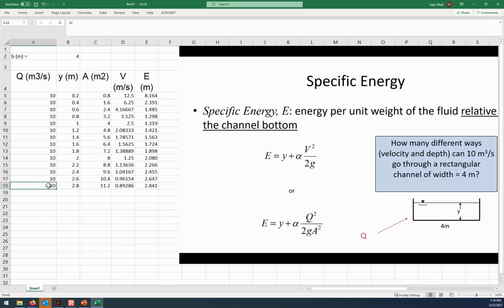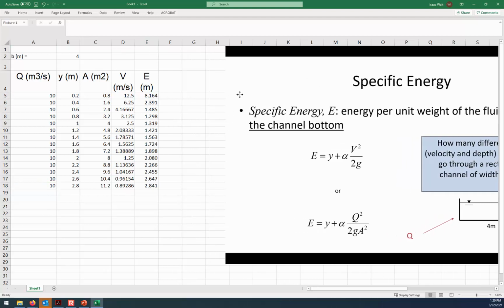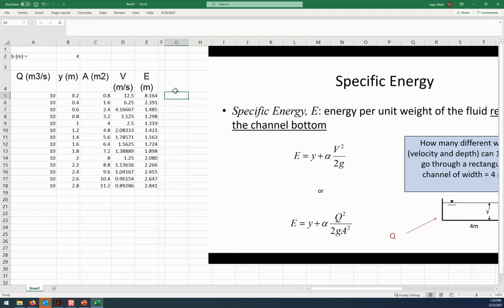Now, the important thing that we want to do is ask, what is the minimum? Because it starts high at this end of the scale. Why is the specific energy high? I'm just going to put in some notes here, so we are all on the same page.